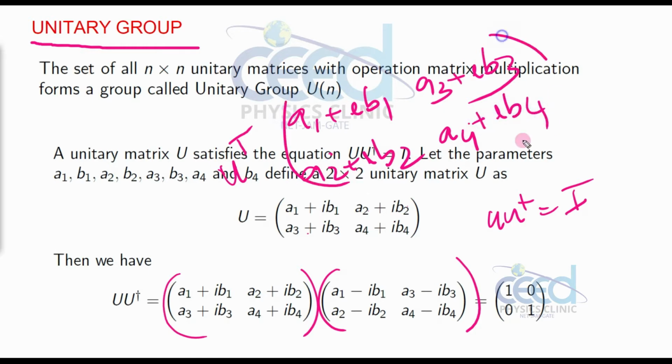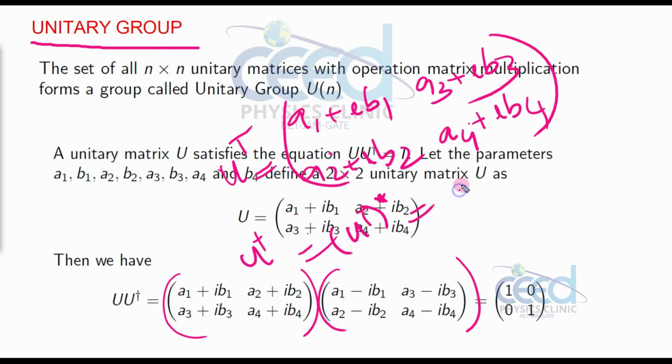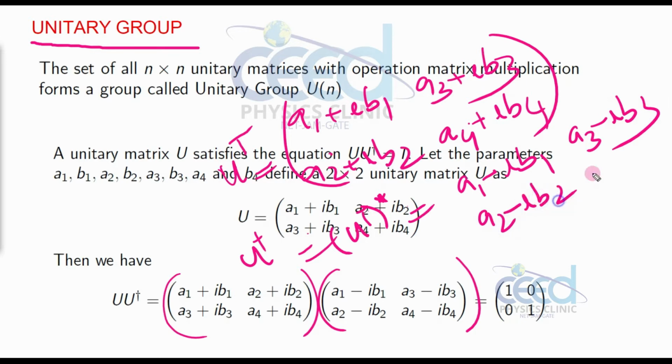To get U dagger you have to take the conjugate of this also. That is U transpose all conjugate, which is a1 minus ib1, a3 minus ib3, a2 minus ib2, and a4 minus ib4.